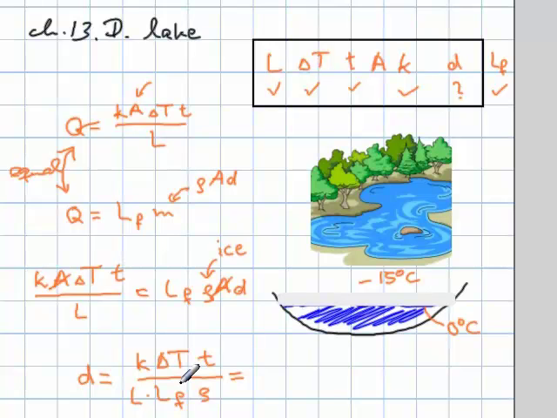So I put the denominator in parentheses, and then I also have to divide by the latent heat of fusion, which I look up in the previous chapter as being, for water to ice, 33.5 times 10 to the fourth, and I have to divide by the density of ice.